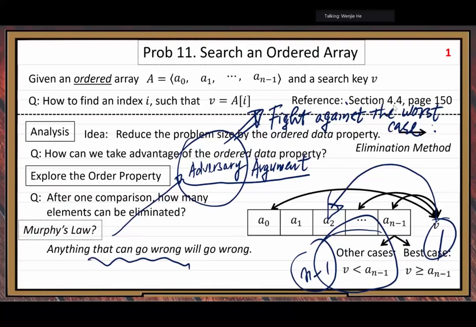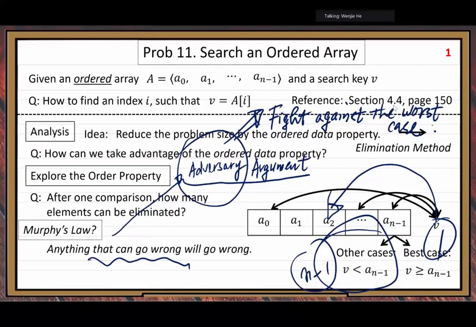But the question is, finding the worst case is not easy, right? When you work on a given computing problem, to find the worst case may not be easy. In general, it's not very easy to find the worst case. Now, we create this adversary figure in our mind.